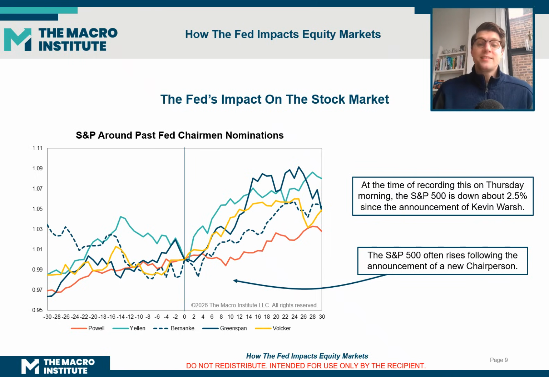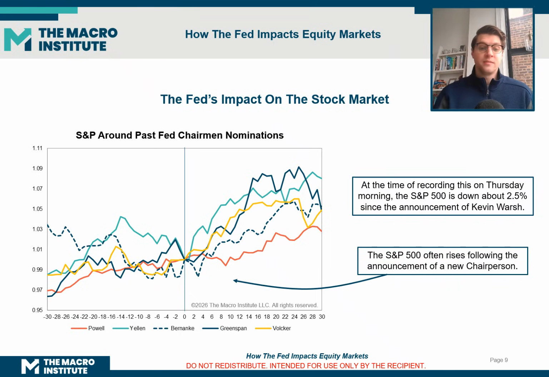What's interesting this time, though, is as I'm recording this, I'm a little scarred because of our last gold video. I recorded a gold video with gold rising, and then by the time it got posted, the gold price had completely collapsed. So this number is going to be very different, but at the time of recording this, which is Thursday morning, the S&P is down about 2.5% since the announcement of Kevin Warsh. Now, I'm not going to draw conclusions from this.